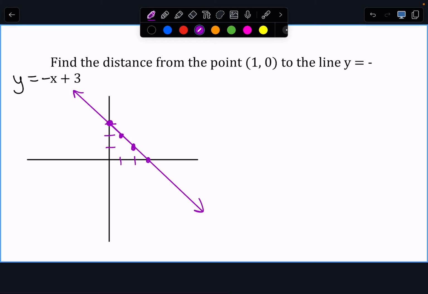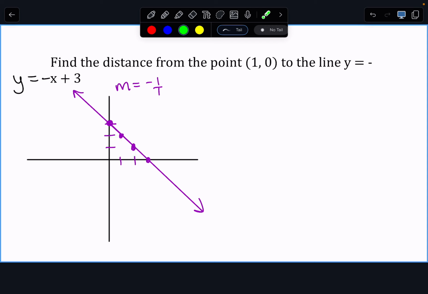Why did it go down 1 over 1? Negative 1 over 1 is my slope. Our slope was negative 1. If it's not a fraction, put it over 1. Okay, so down 1 over 1, down 1 over 1, down 1 over 1.